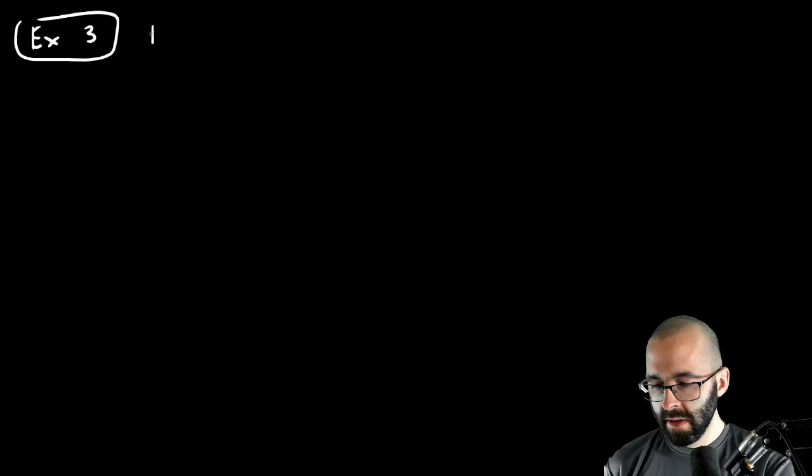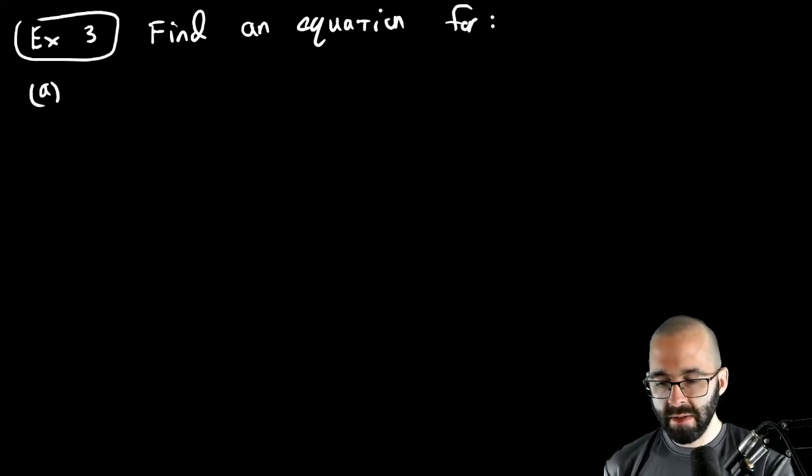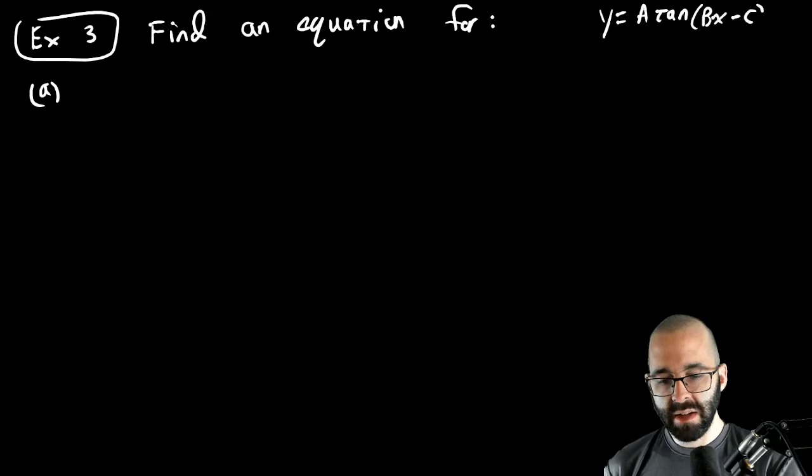And again, this is going to be example 3. Find an equation for, this is part A. We're going to first look at the period. Because again, right, y equals a tangent of bx minus c plus d.